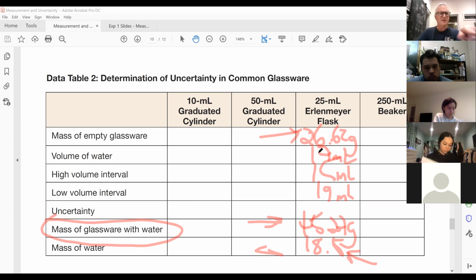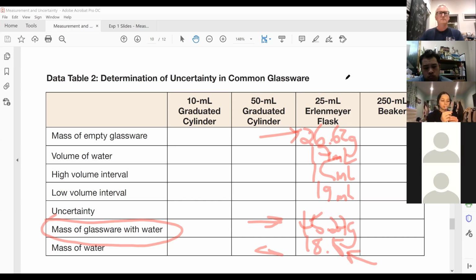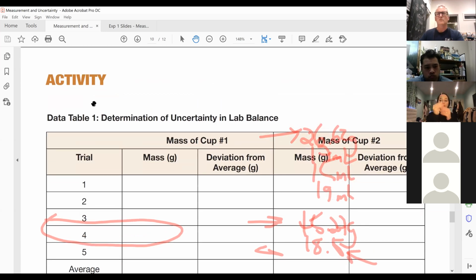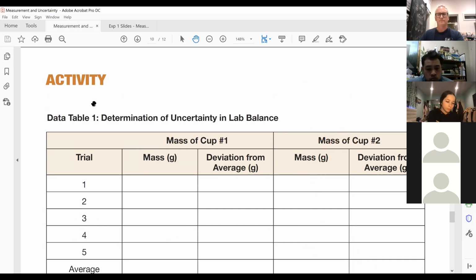I'm surprised there isn't a place on the tables for that. There really should be. And then for data table 1, I just went back to it. We're just recording cup 1 and cup 2 on the scale with no water at all, and recording each one. And then what do we write in for the deviation from average?